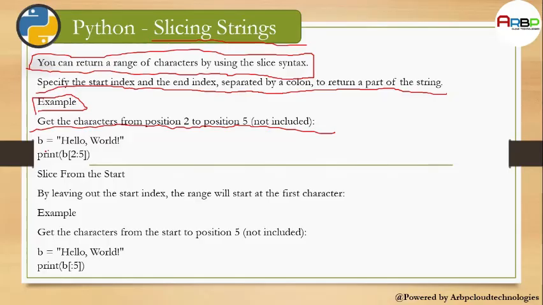Now we will print. We will use the slicing function here: b, brackets, 2, from position index 2, till 5. Let's print it. Here it printed LO. So this is how we use the slicing function.